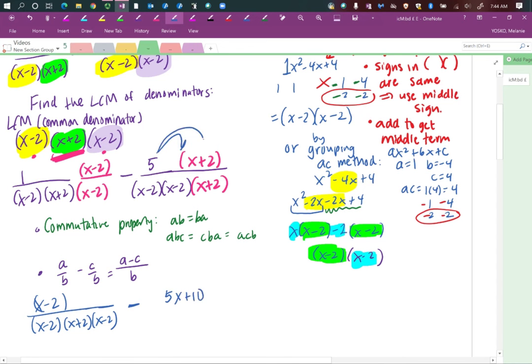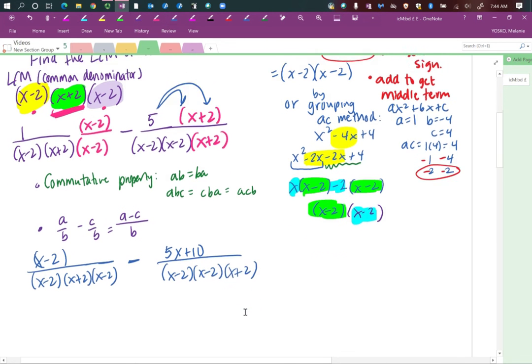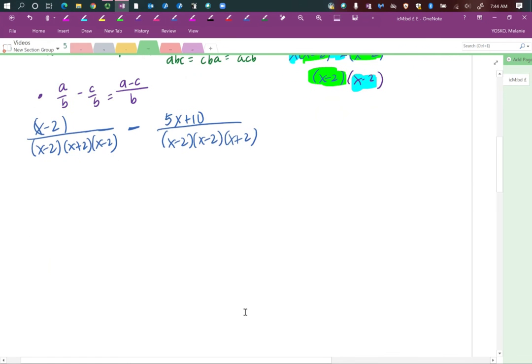I'm distributing this over x minus 2 times x minus 2 times x plus 2. Okay, they have the same denominator, so I'm going to write one big vinculum. I'm going to put that denominator. It doesn't really matter which order you choose to write them in. I'm just writing them in the same as the first.